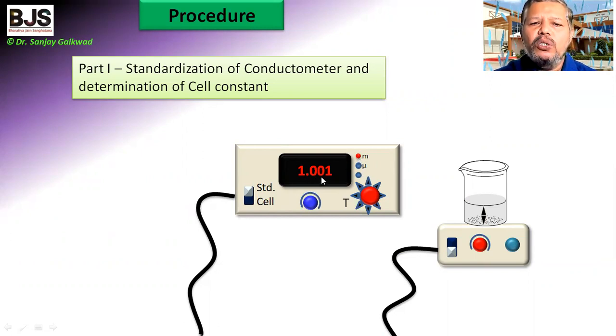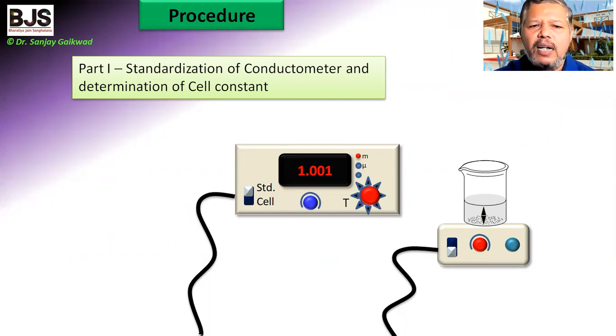Now 1.001 into 10 raised to minus 3 mho. If this value is not given by the instrument, then we have to rotate the knob and adjust it, and if the value is there, then the conductometer is standardized. In this way, the first part is standardization of conductometer.